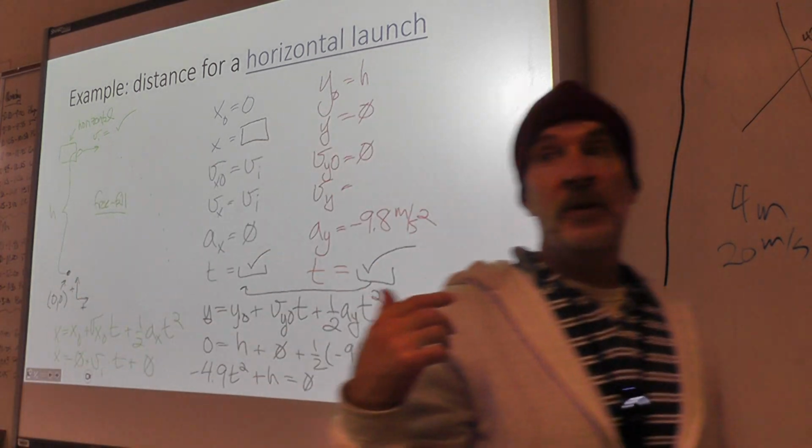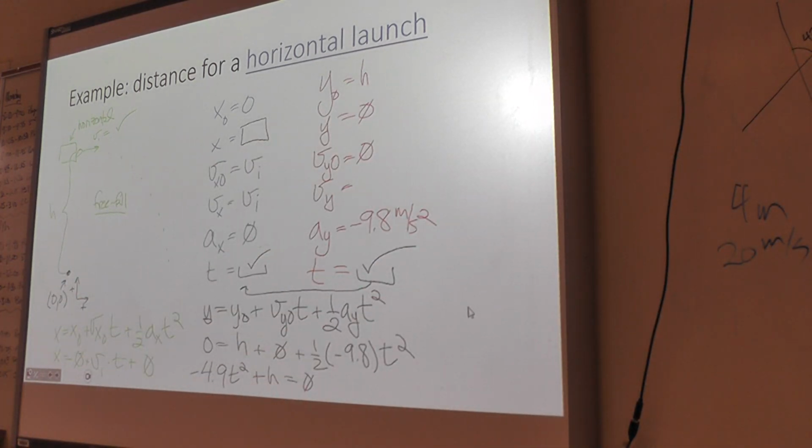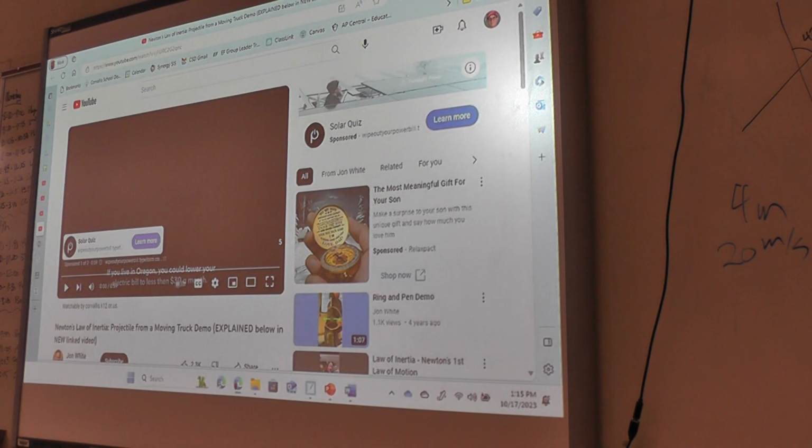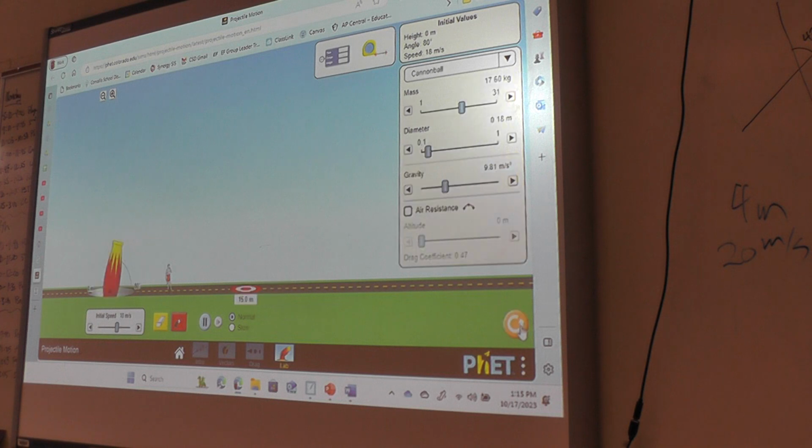So let's try this right now, only without a launcher. Let's try it with a virtual launcher. So I'm going to set this particular virtual launcher at 10 meters, perfectly horizontal launch, and I'm going to set the speed to, let's say, 4 meters per second.